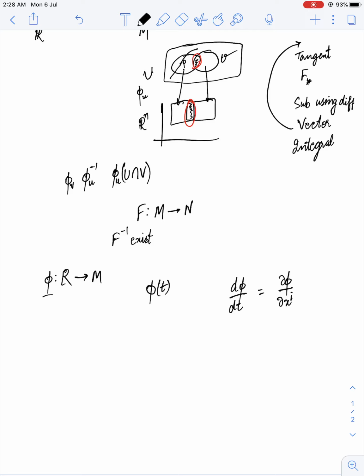When I say xi, I basically mean this patch; I'm using the patch phi u, xi, dxi by dt. So what it means is dxi by dt, d by dxi, phi.